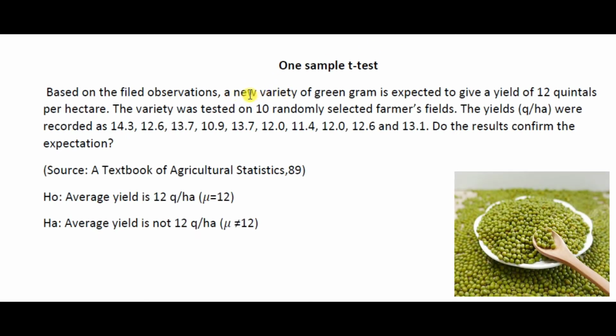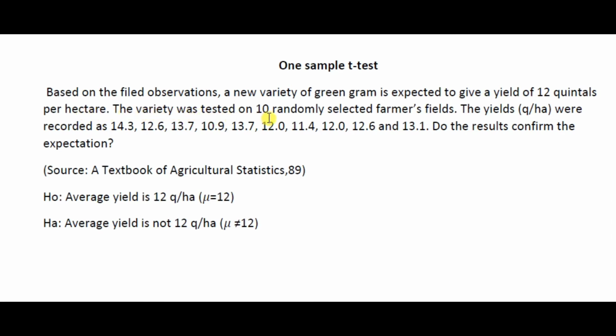A variety of green gram is expected to give a yield of 12 quintals per hectare, and the variety is tested on 10 randomly selected farmers' fields, and 10 data points are given of the yield. So the sample size is 10.